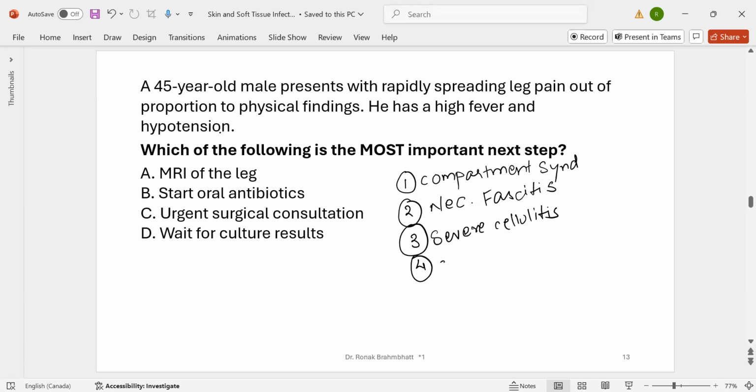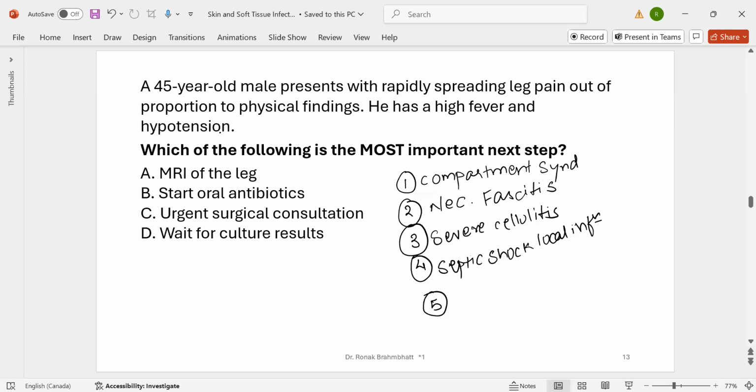Septic shock due to local skin infection, right? Thrombosis. Well, thrombosis is not a diagnosis. It can be deep vein thrombosis, right? But that won't cause hypotension and stuff like that, so chance relatively low. Anything else you guys can think of?